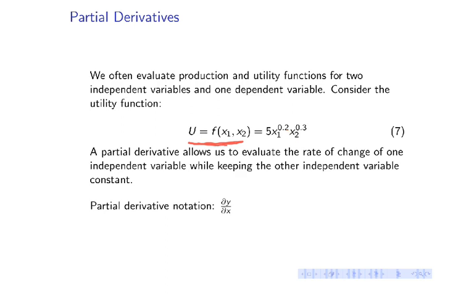In terms of notation, unlike the regular derivative, which is, as you recall, dy over dx, the partial derivative uses this fancy squiggly partial symbol: the squiggly dy over the squiggly dx.